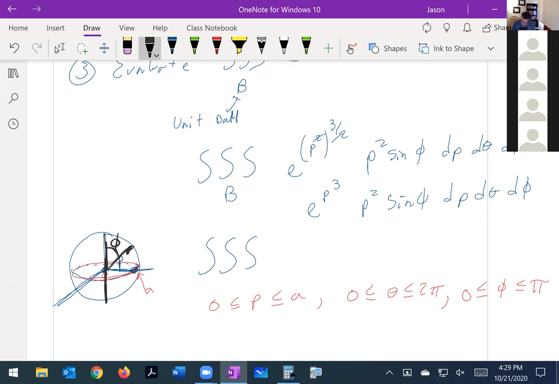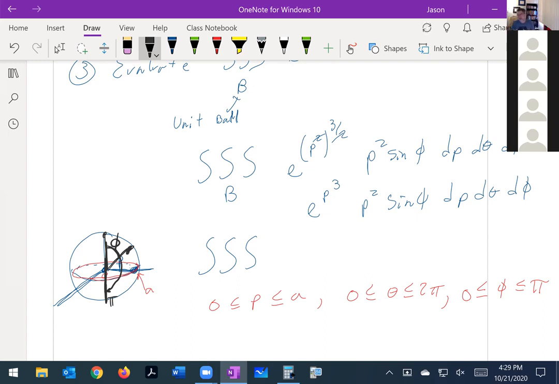What does phi go from? It could be 0 if your point is at the North Pole. And then all the way down here to pi, right? 0 to pi. Boom. That creates an orange slice, and then you rotate those orange slices all the way around theta, and that gives you your full sphere.